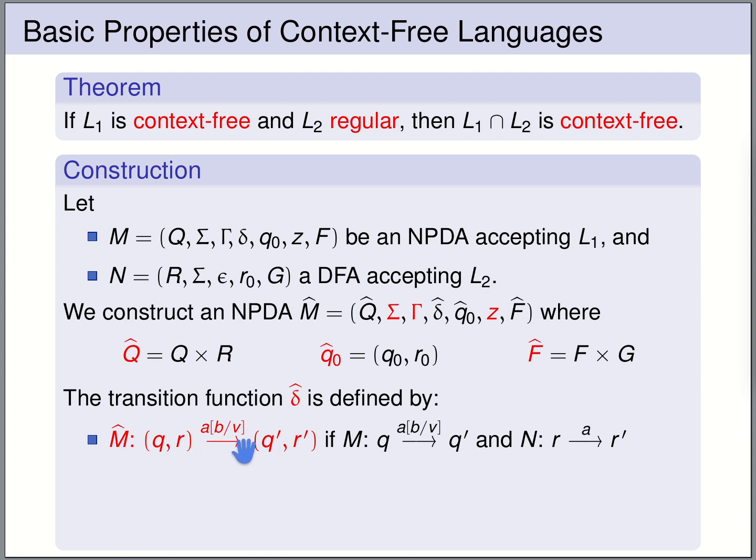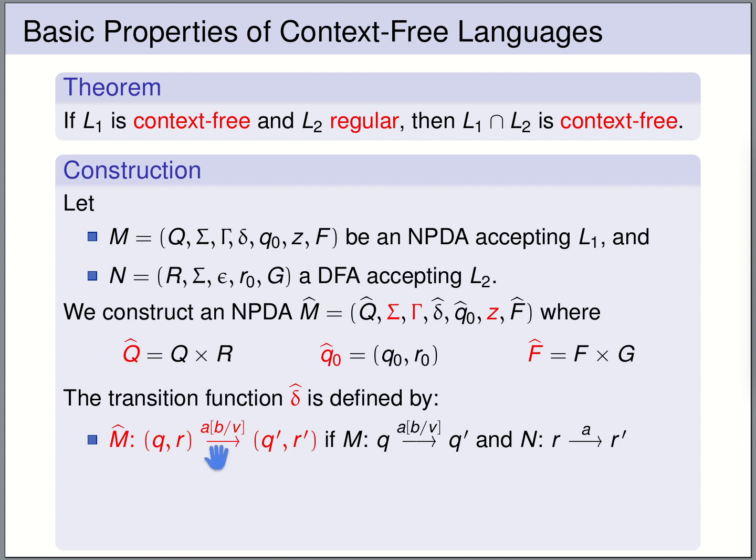It switches from Q to Q prime, reading an A from the input if there's a B on the stack, and then the stack symbol B is replaced by the word V. Now additionally, M hat simulates what our DFA N does.